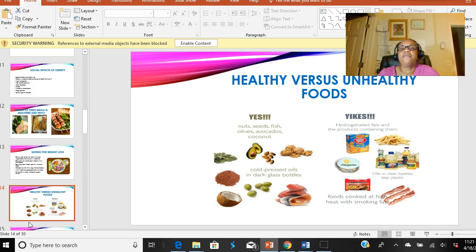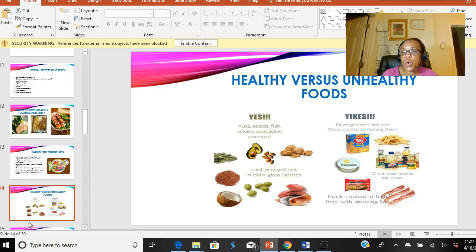Here we have healthy versus unhealthy foods. Yes! We say yes to nuts, seeds, fish, olives, avocados, coconut, and they're all there. Cold pressed oils in dark glass bottles. Yikes!